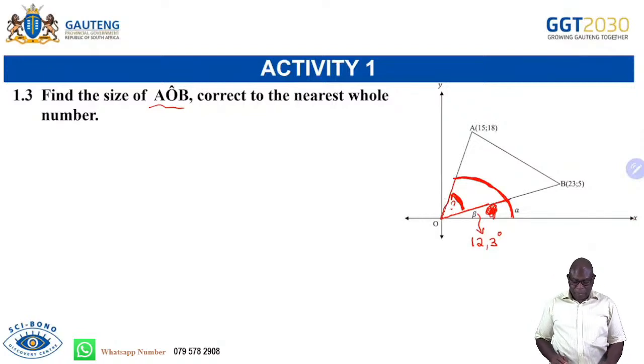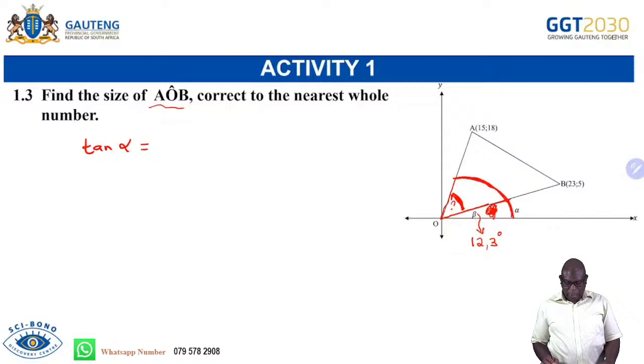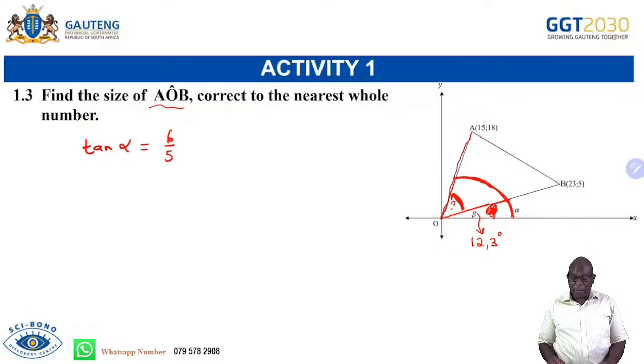Let's do it. Find the size of AOB, correct to that. First of all, I must get the angle alpha. Remember the gradient, it's 6 over 5 for OA.